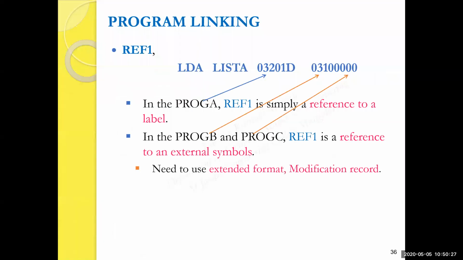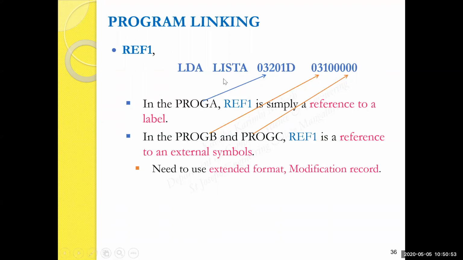So to summarize, in program A, reference 1 is simply a reference to a label which is defined in the same section. Hence, program counter relative mode can be used and the instruction can be completely assembled. No modification record is required. In programs B and C, reference 1 is a reference to an external symbol. The instruction involves a reference to a symbol defined in another section.